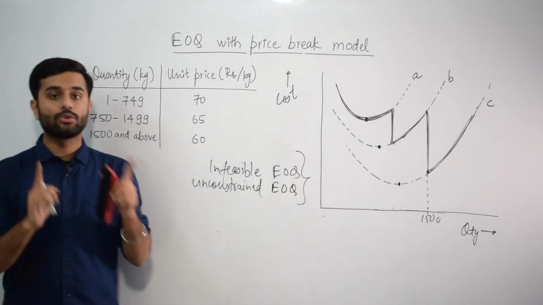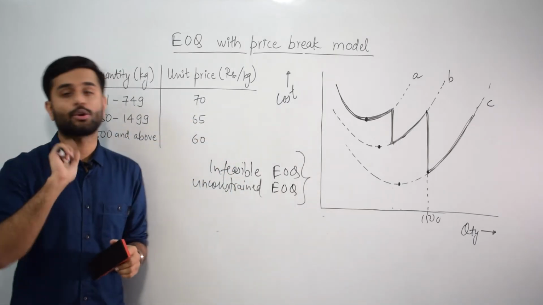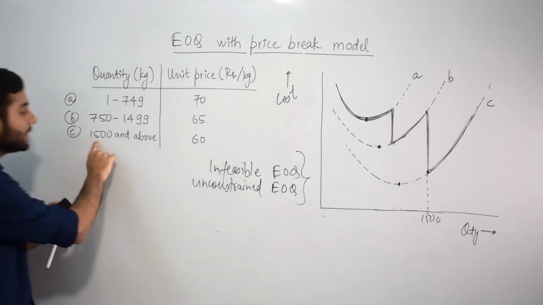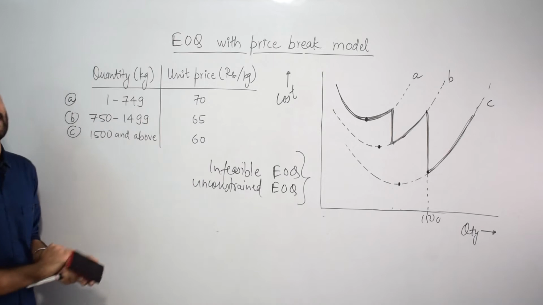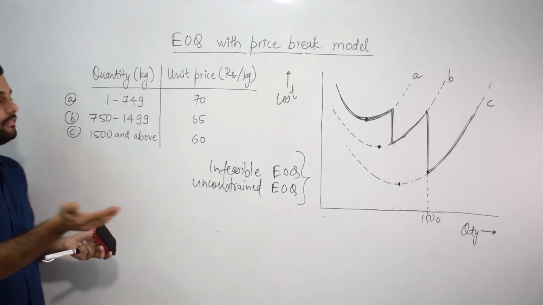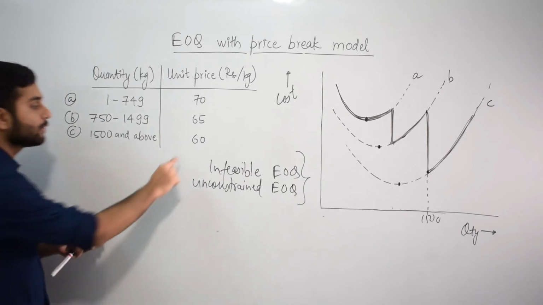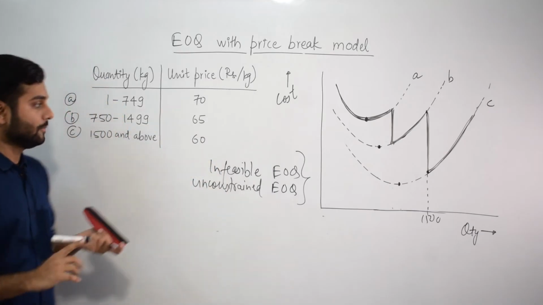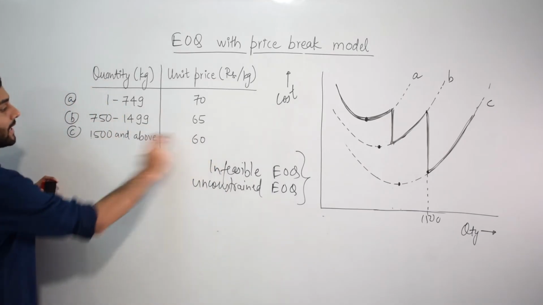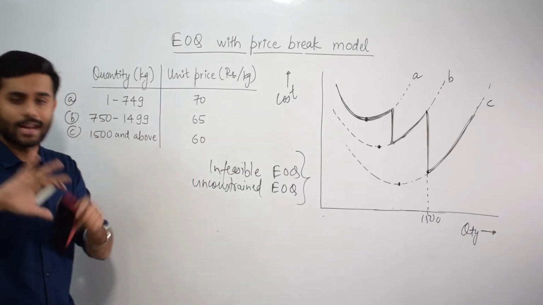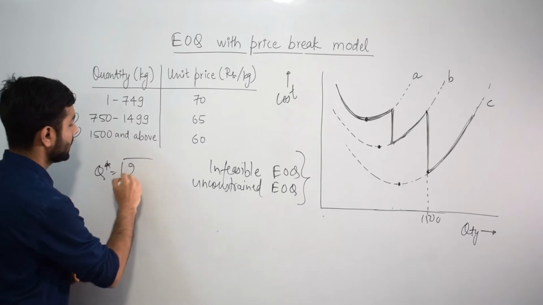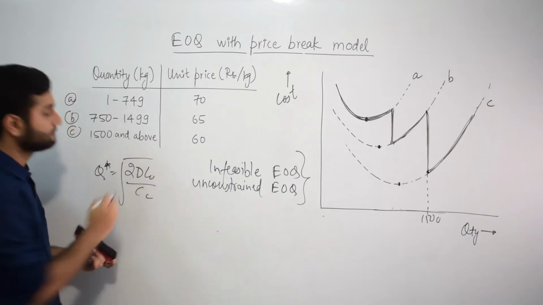Now, what you need to do in this question, let's understand the process. You need to calculate the EOQ for the given price slab. You can start from anywhere, but it is best to start from the least unit price slab. I will tell you why later on. Everything will be given in the question: annual demand, ordering cost, everything. So you can calculate Q star like this.